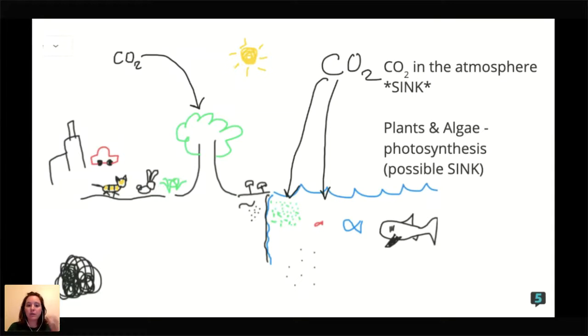If you remember, about 78% of the atmosphere is nitrogen, N2 gas, and about 21% is oxygen, which we need, and so do other living organisms, to do respiration.